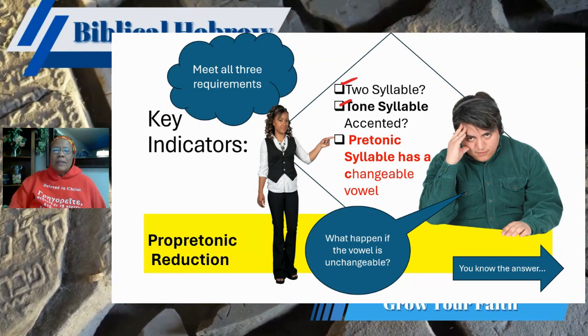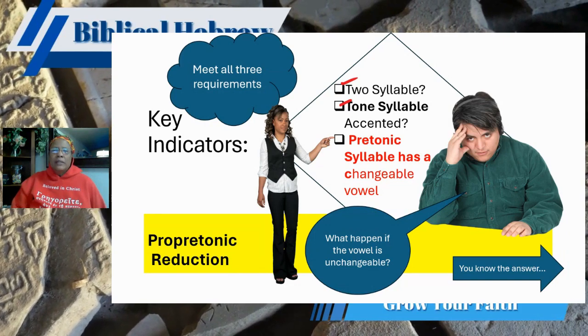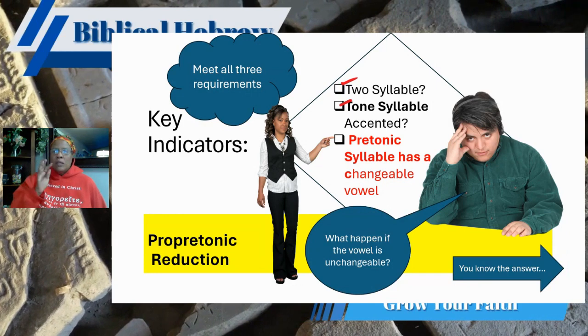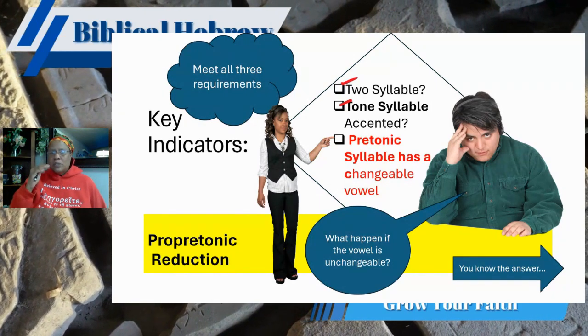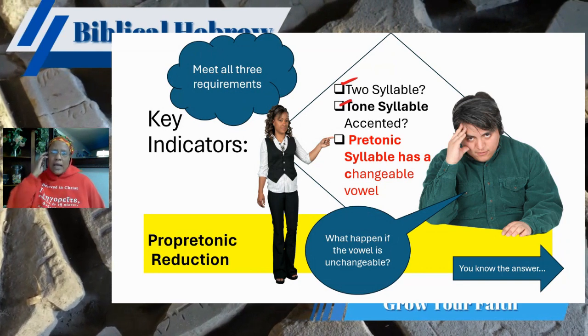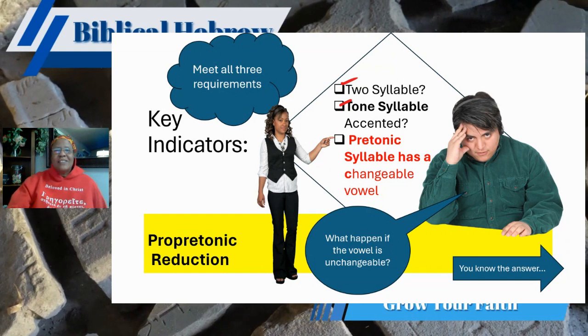Well, it's no big deal, because if it's not changeable, then we can't do anything with it. So the key question, is it two-syllable and is the last tone accented, still stands. We just won't change the vowel.